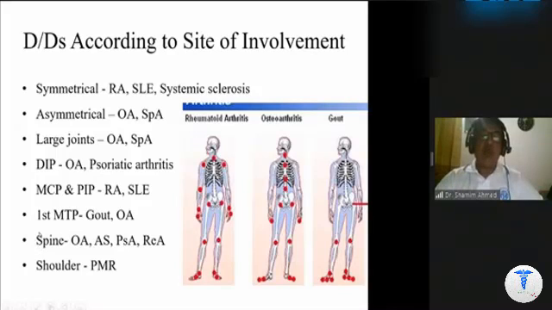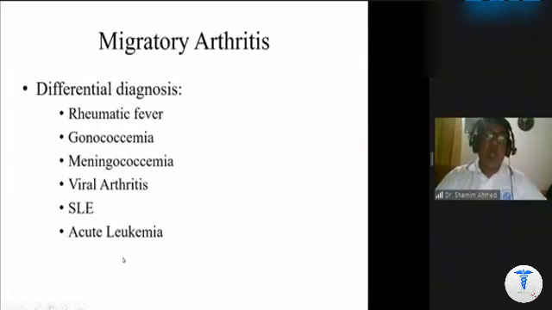Spinal involvement is more common in osteoarthritis, that is spondylosis, ankylosing spondylitis, psoriatic arthritis, and reactive arthritis. Fibromyalgia rheumatica patients present with shoulder pain. When the patient presents with migratory arthritis, it may be rheumatic fever, gonococcal arthritis, meningococcal arthritis, viral arthritis, SLE, and acute leukemia. Acute leukemia and rheumatic fever are more common in the pediatric age group.